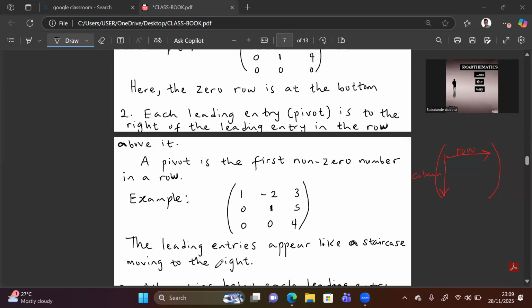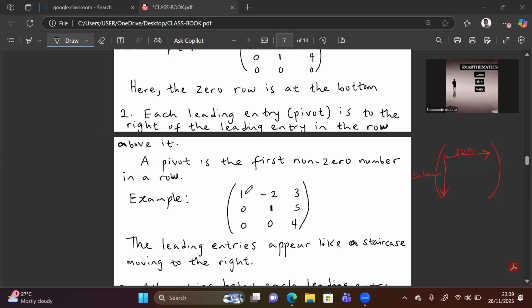Picture this echelon form as a staircase, whereby the foundation, what is holding it, are zeros. So if you look at the example I put here for rule 2, taking it from the first column, that's 1, 0, 0. You see that the pivot there is 1, because that one is the first non-zero number in that row.